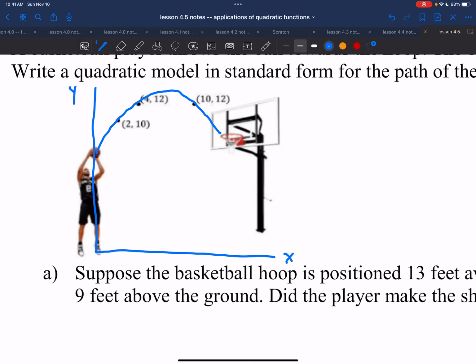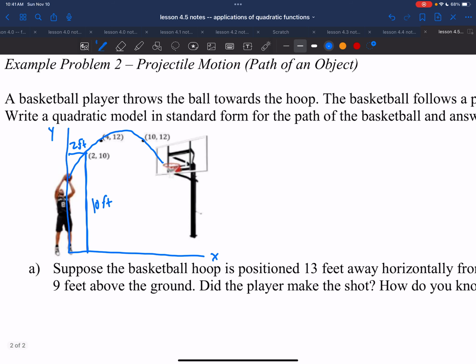So this point means it's 10 feet above the ground, and it's 2 feet away from him. And so on and so forth. 4 feet away from him, 12 feet above the ground, 10 feet away from him, 12 feet above the ground. And it says to write a quadratic function in standard form that models this.